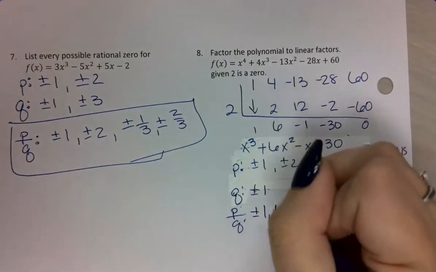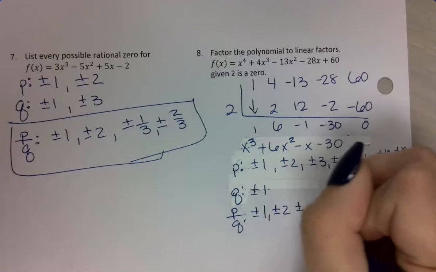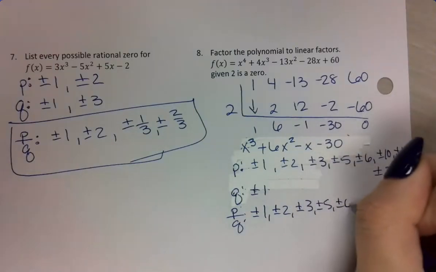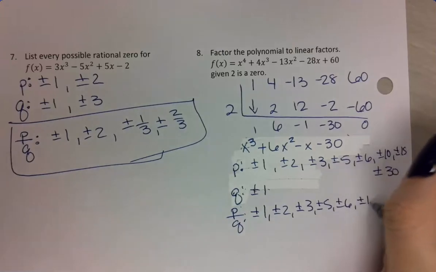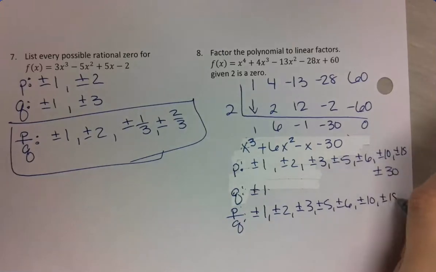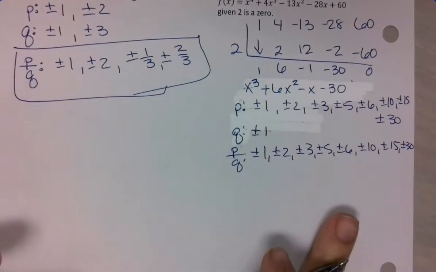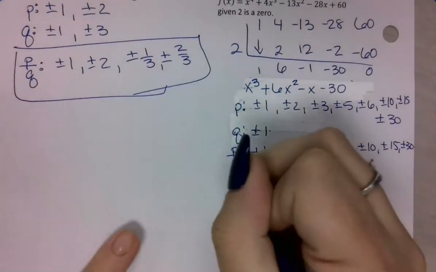So plus or minus 1, plus or minus 2, plus or minus 3, plus or minus 5, plus or minus 6, plus or minus 10, plus or minus 15, and plus or minus 30. Then I want to go ahead and test some of these values. I'm going to start with my 1 since they're the smallest numbers.